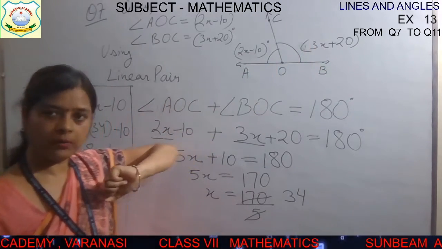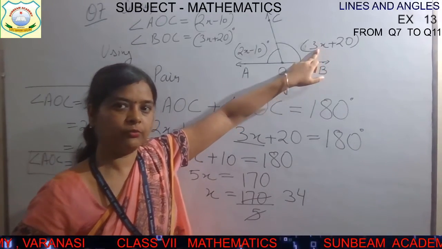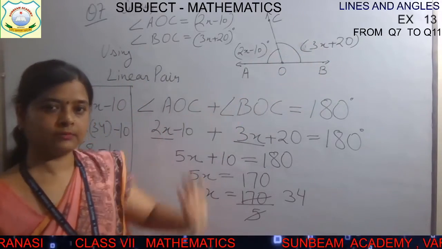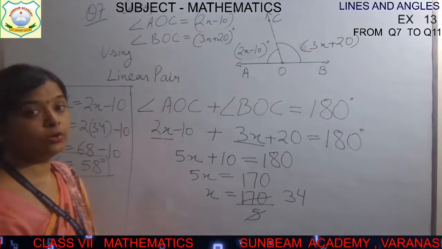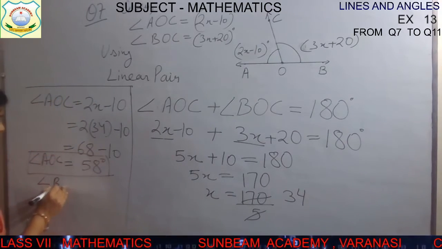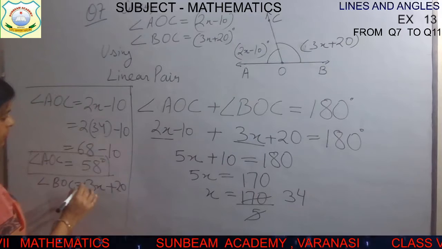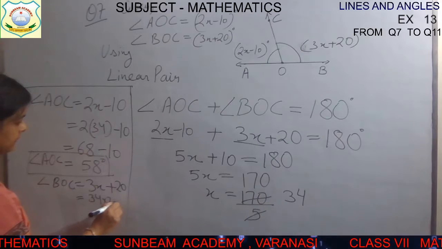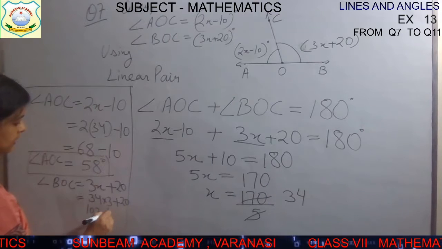And in this way again we can solve the value of the other one, 3x plus 20. Put the value of x, 34, here and find the value. 34 into 3 and then plus 20. So you will put the value of x in BOC also. 4 3s are 12, 3 3s are 9 and 1 ten, plus 20.